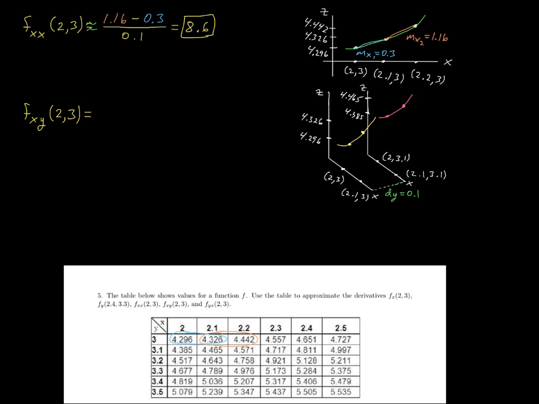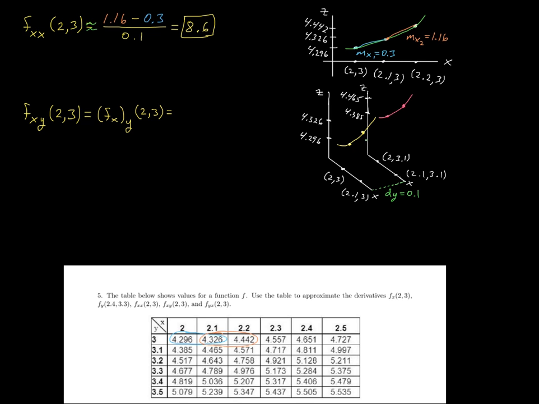Just remember this is the fx derivative, and then we're going to take the y derivative of that and evaluate at 2, 3. Now, I've drawn here, like we saw in the last video with the contour diagram, two cross sections. Notice there's going to be some movement in the y direction, and then we're going to look at how the x slopes change.